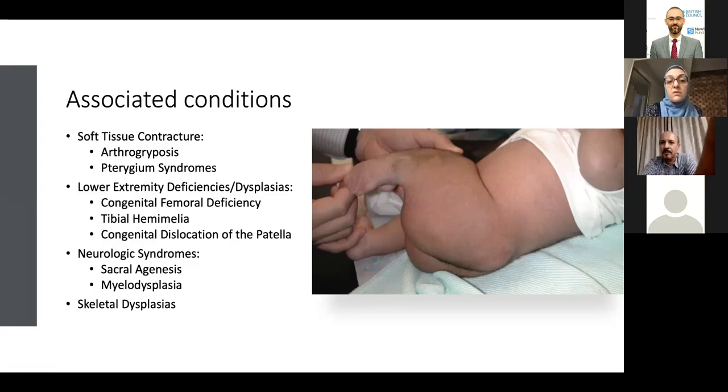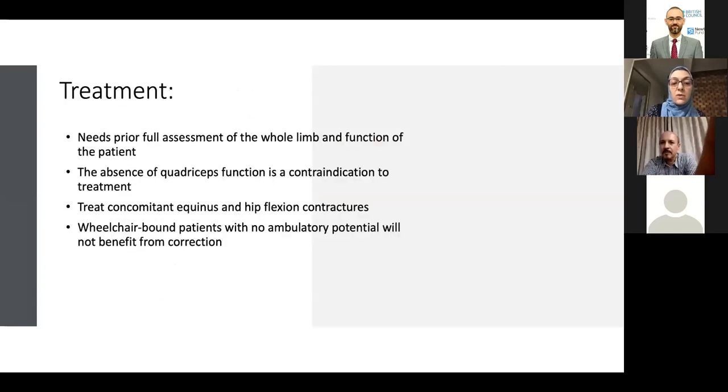Lower extremity deficiencies like congenital femoral deficiencies, tibial hemimelia, especially with total absence of the tibia, result in knee flexion contracture. Congenital dislocation of the patella, as we just explained, is one of the causes of fixed knee flexion deformities. Sacral agenesis, myelodysplasias are all causes of paralytic types of knee flexion deformity. Skeletal dysplasias do present with knee flexion as well sometimes.